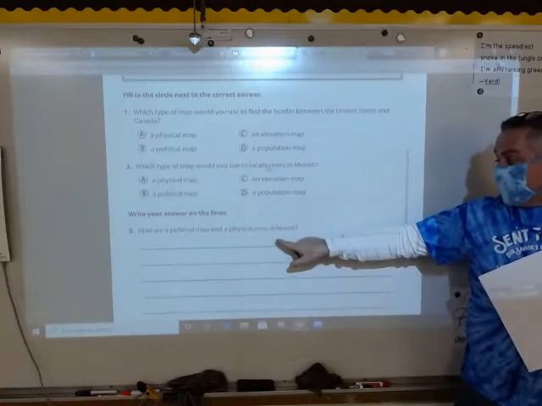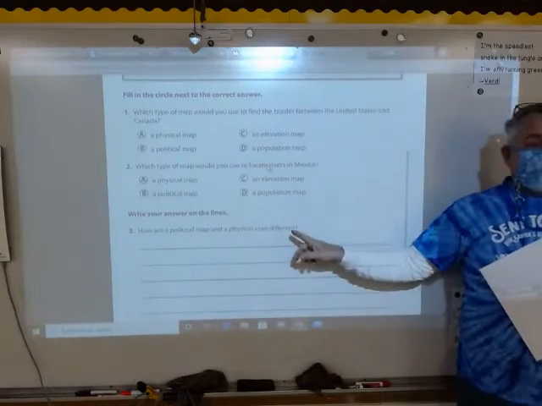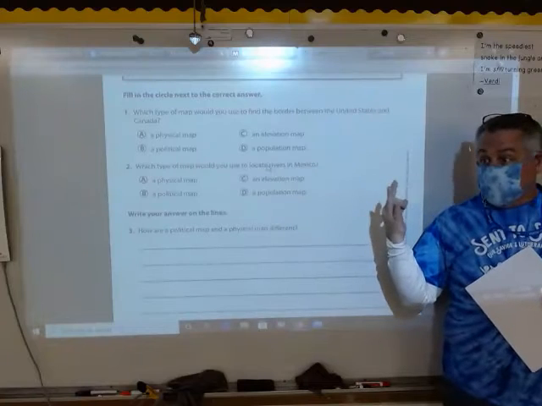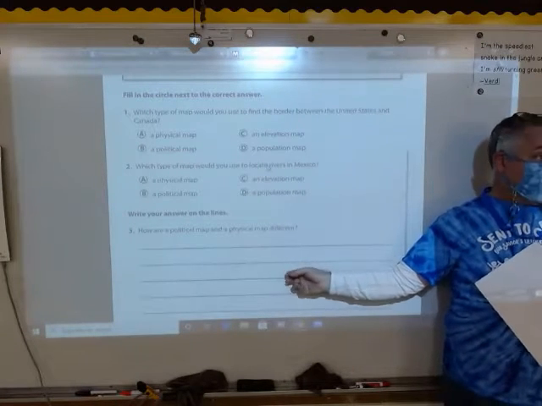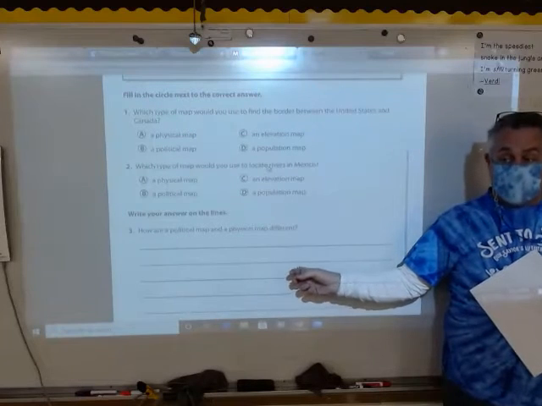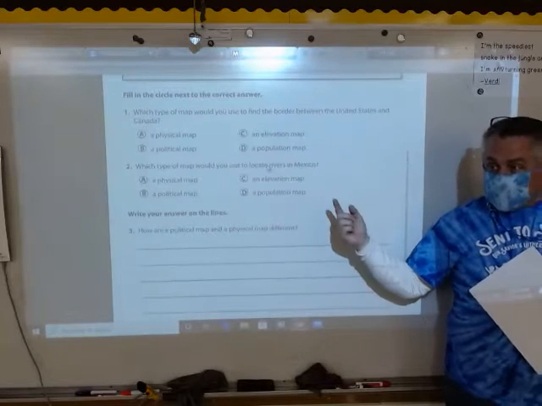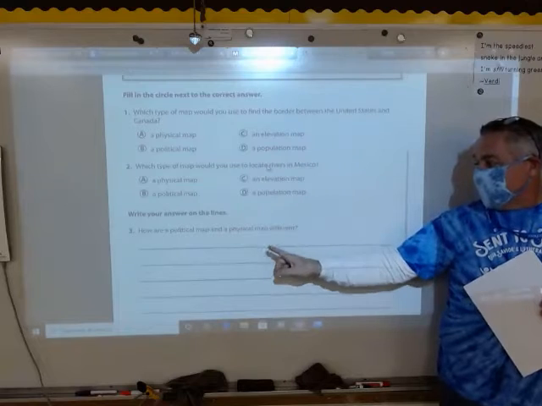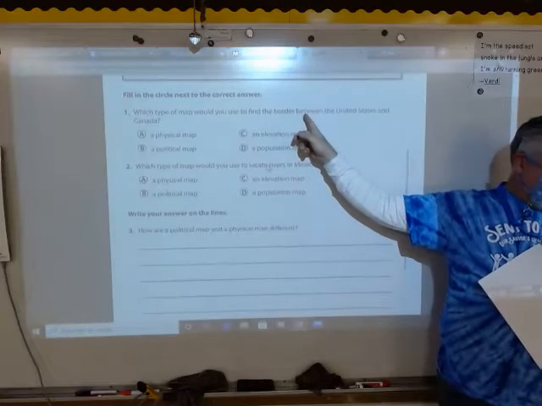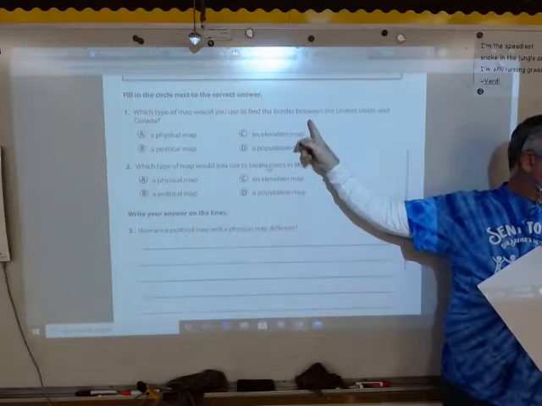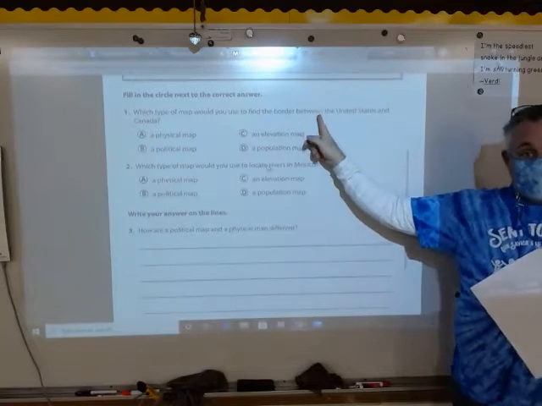Since it says, how are they different, if I can come up with 3 or 4 different ways that they're different, I should include all those ways, because that's all part of the answer, right? So look to see, how would those two kinds of maps be different? You're probably going to be able to find it in that little reading passage that we have.